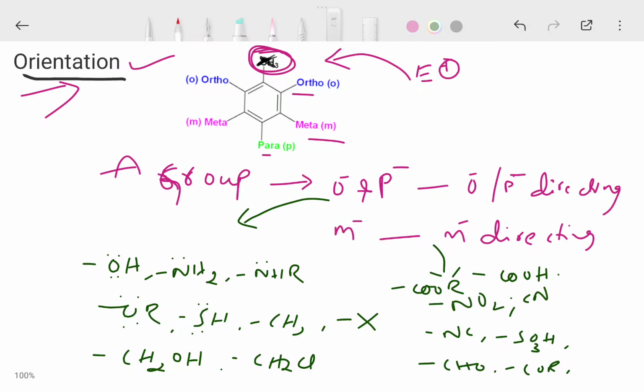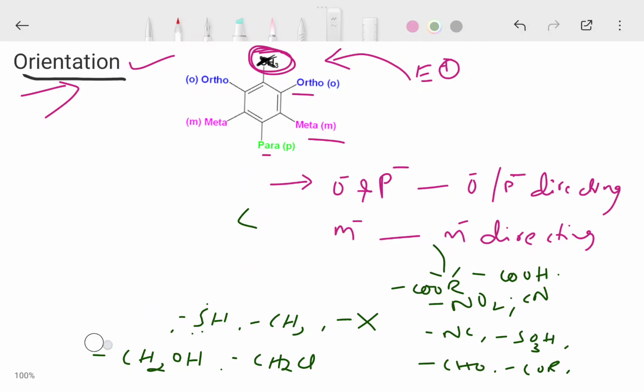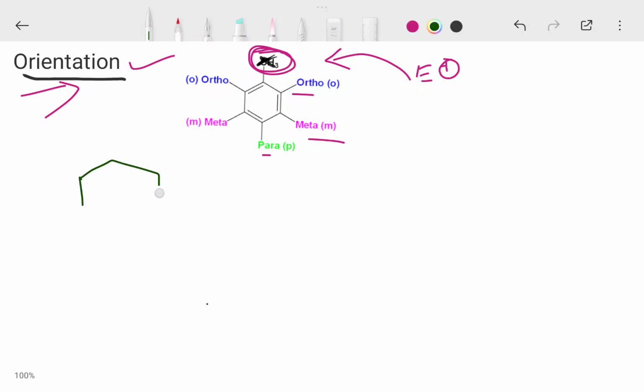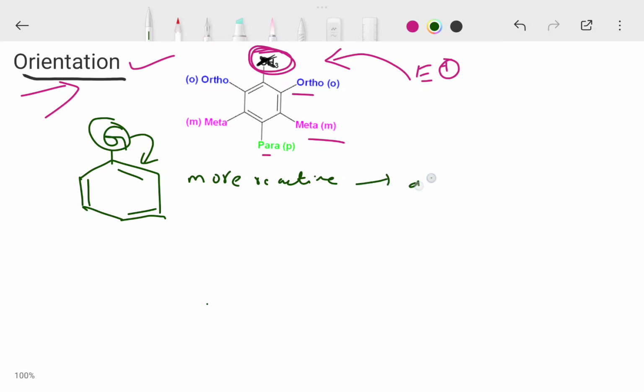For example, if a benzene ring has one substituent, a group that makes the benzene ring more reactive than benzene is called an activating group.